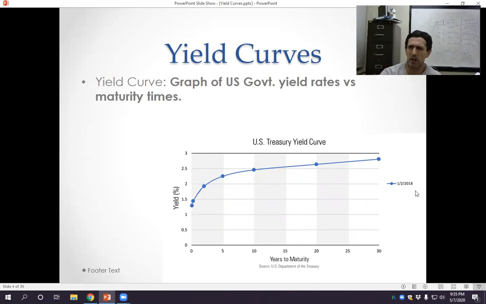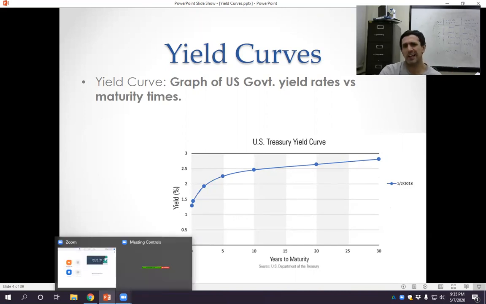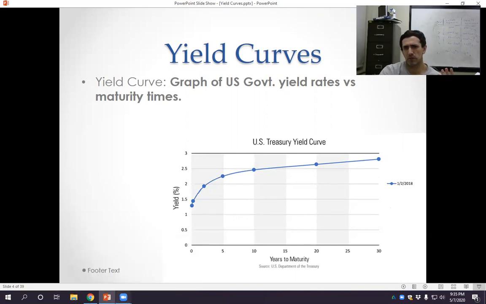And this is the yield rates for January 2nd, 2018. The Treasury's website actually has yield curves for every single day in chart form. And we'll look at today's yield curve later on.